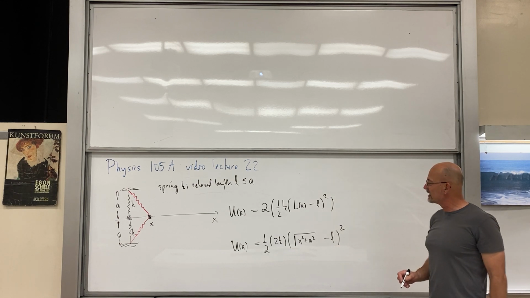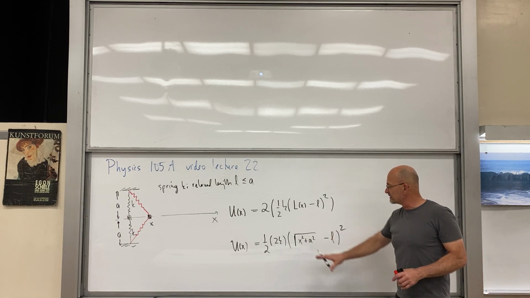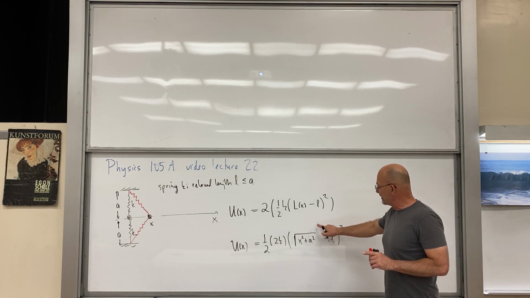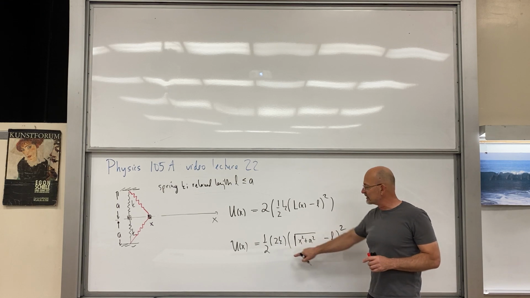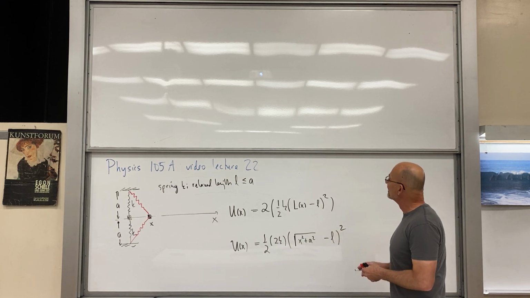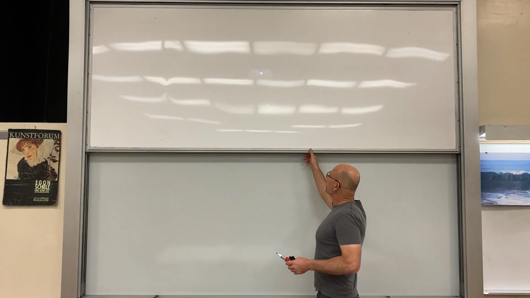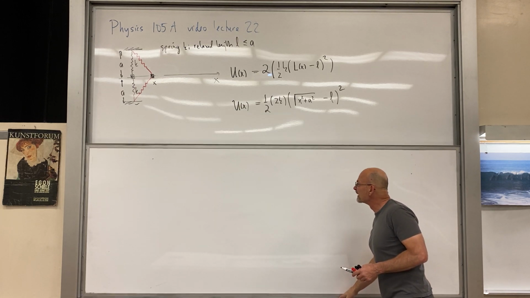So that's the potential energy function. And it has a little bit of interest there. So in order to make further progress, we had to expand this thing in a Taylor series. And this is really the perfect example for an expansion.